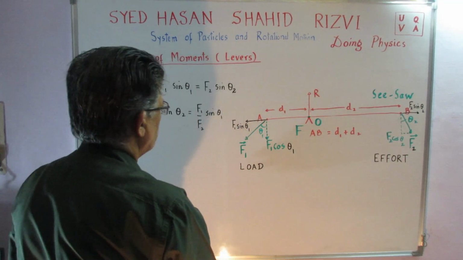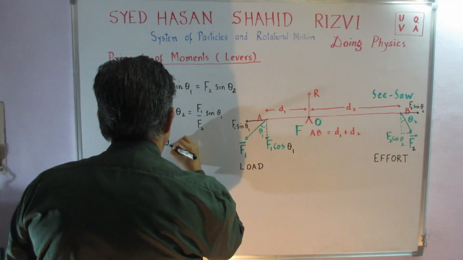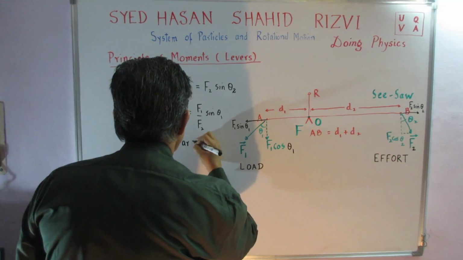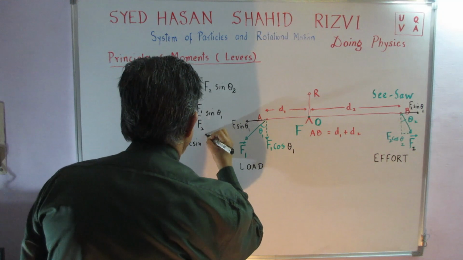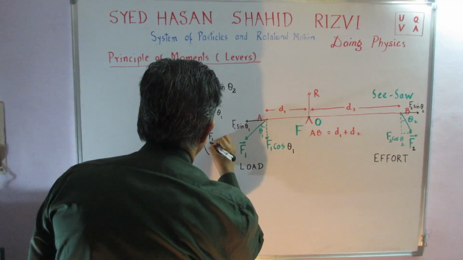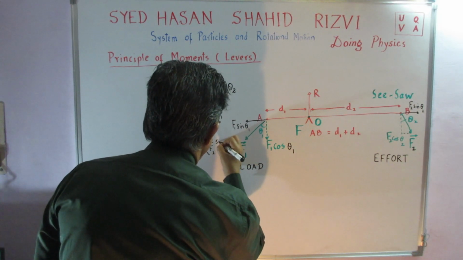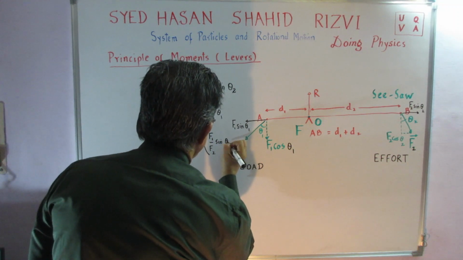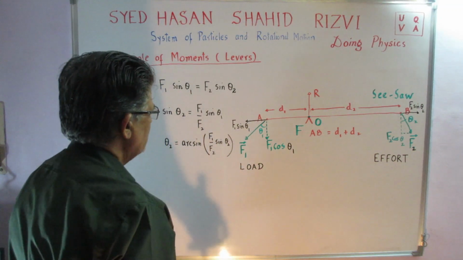So I can determine that theta 2 will be equal to the sine inverse or arc sine of this F1 upon F2, the mechanical advantage, multiplied by sine of theta 1. This kind of relation has to hold, and this is how we can determine the angle at which the effort should be applied.